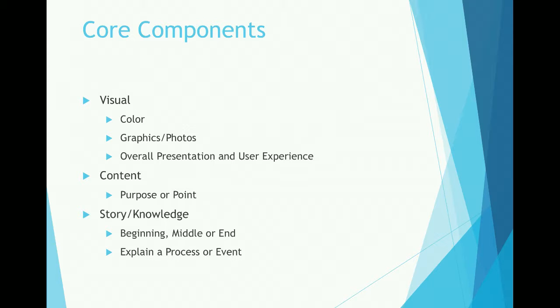The key components that make up a good gallery like this are strong visuals, good content, and that people actually learn something, and there's a story told, or there is knowledge gained. So let's start with the visuals. We want to have colors that complement our publication, as well as the content. We don't want it to be distracting. Typically, you don't see large, big spots of bright green.